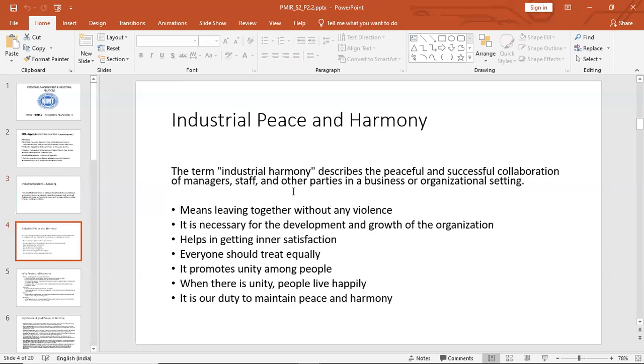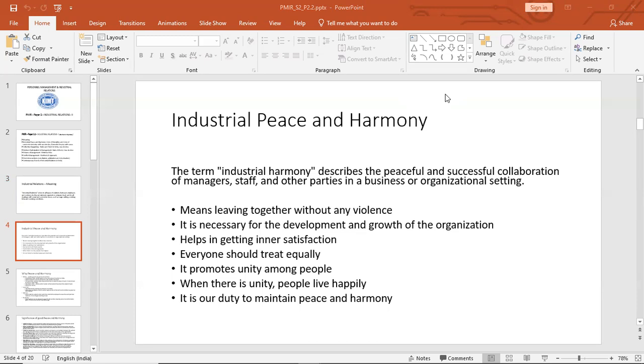We read about peace and harmony, to maintain peaceful and harmonious conditions in industrial relations. How to maintain this condition?